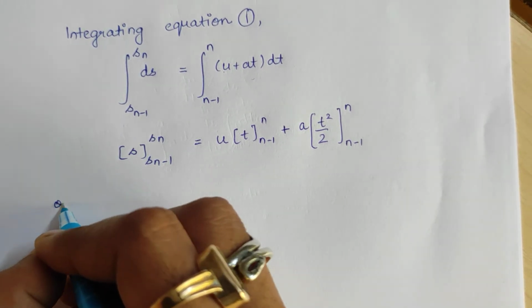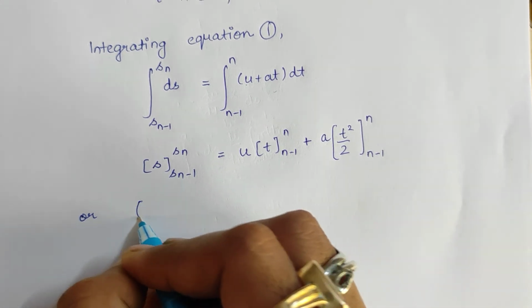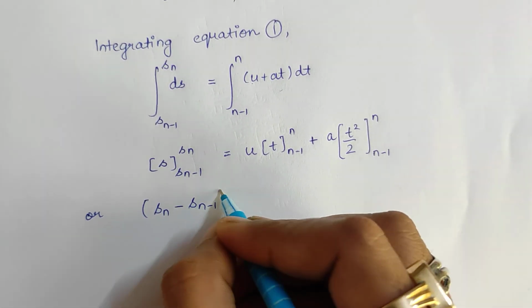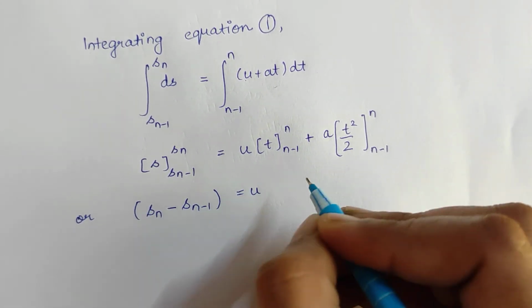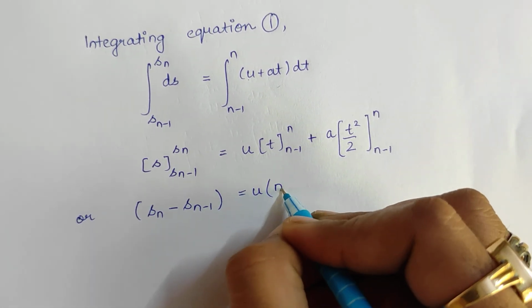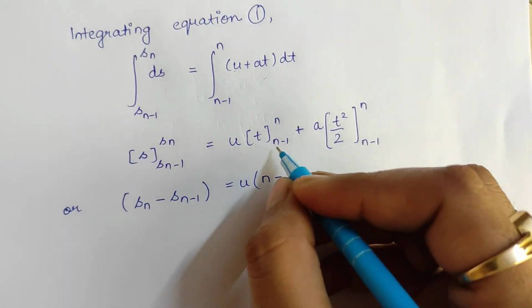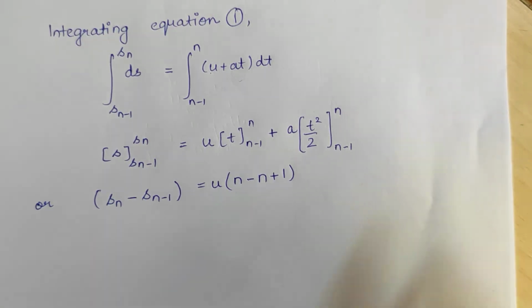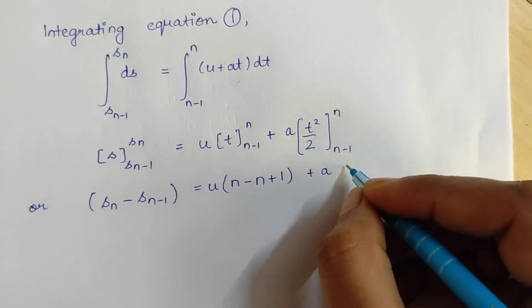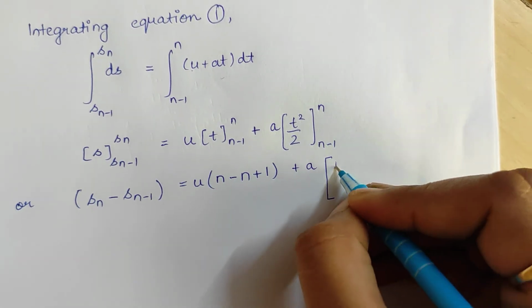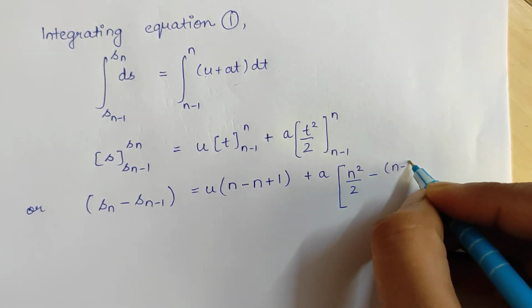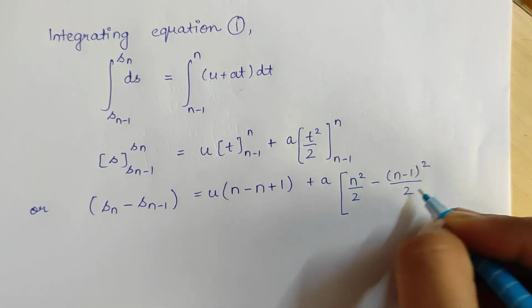Further solving these limits, we get Sn minus Sn minus 1 is equal to u times n minus of n minus 1, which gives 1, plus a times n square minus n minus 1 whole square, by 2.